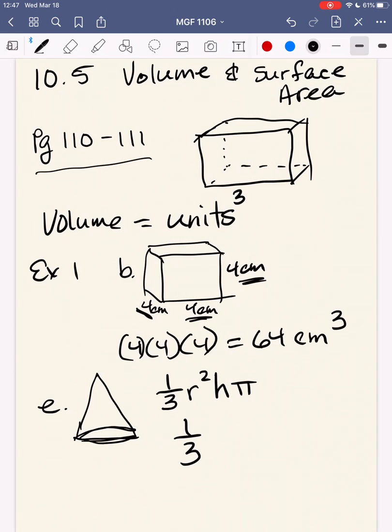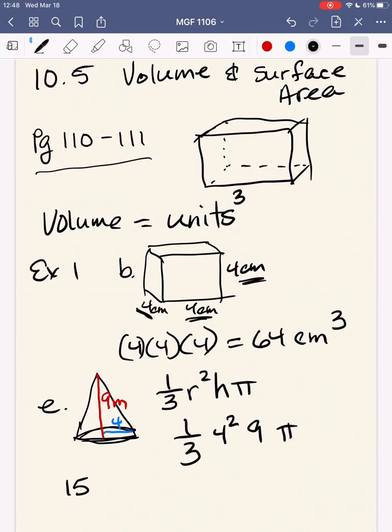They give me the radius on the inside here. The radius is 4, and the height is 9, and our units are in meters. So I have my radius, which is 4, and I'm going to square it. My height is 9, and I have pi. All right, and you can go ahead and multiply all these together.